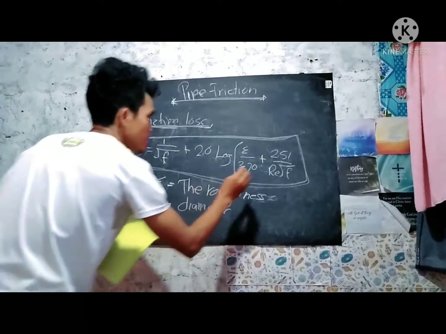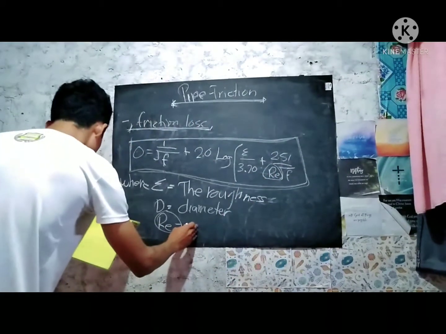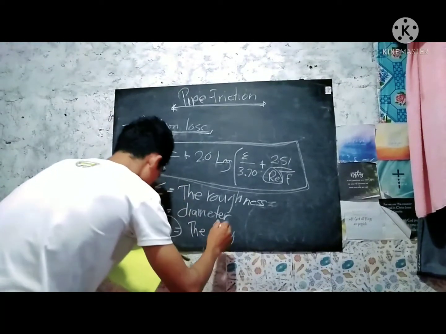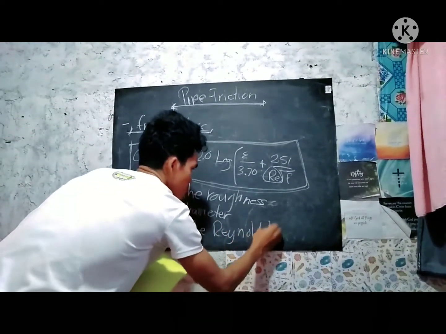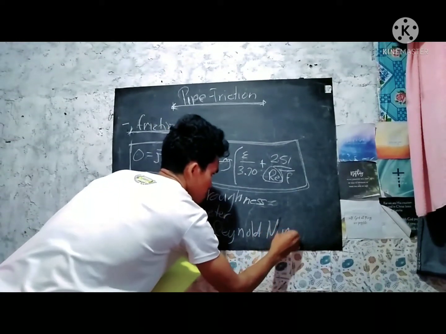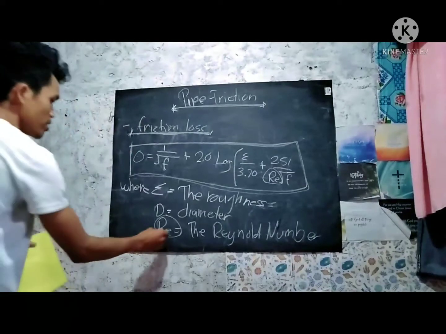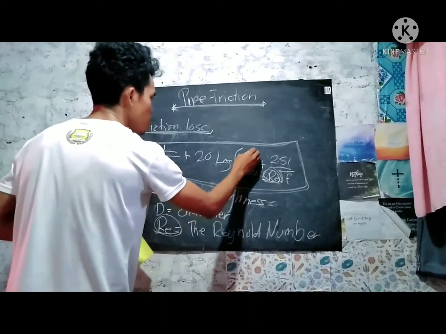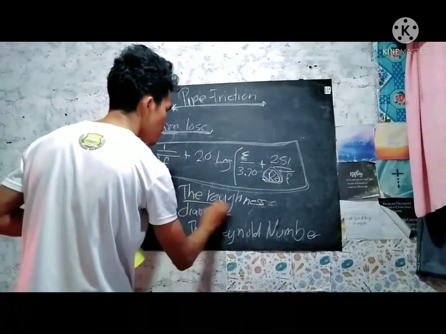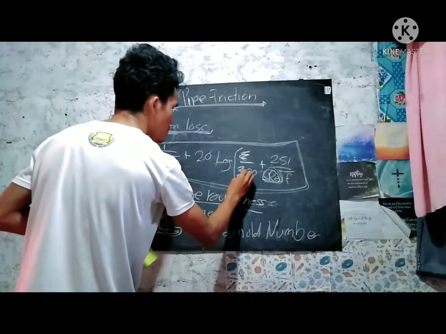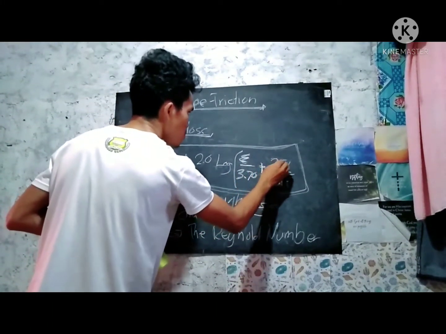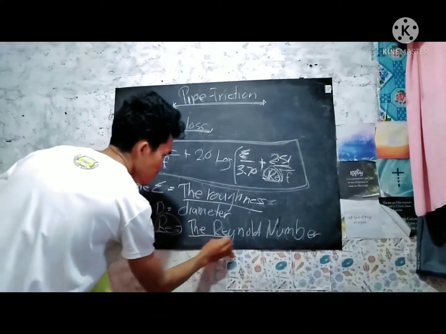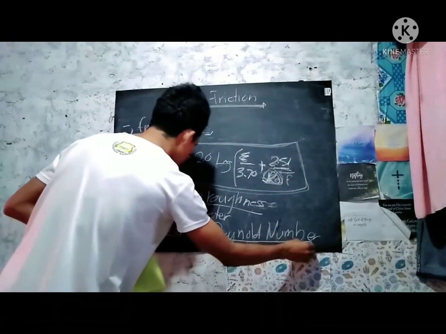This Re over here is the Reynolds number. This Re in our equation, e over 3.70 plus 2.51 over Re, is the Reynolds number.